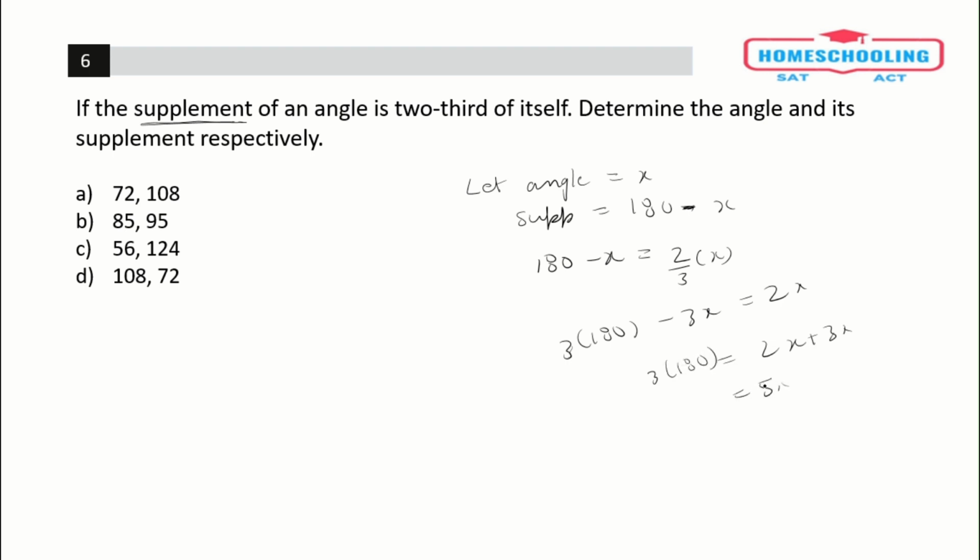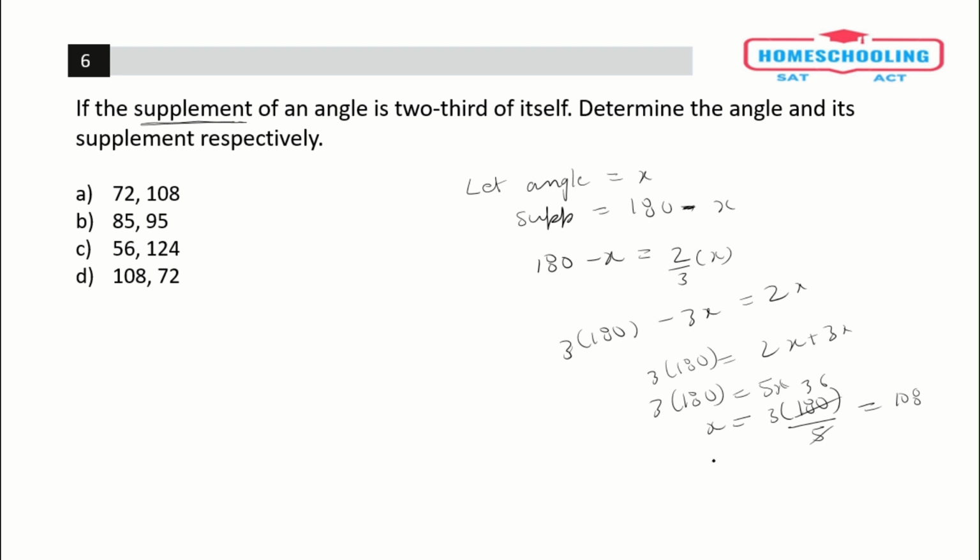So 5x equals 3 into 180. So x would be 3 into 180 divided by 5. So 5 3 times 36. So 36 into 3 is 108.